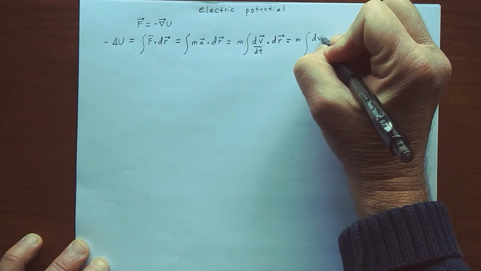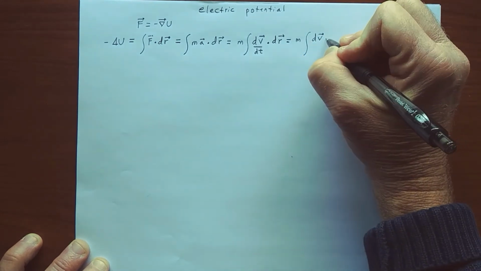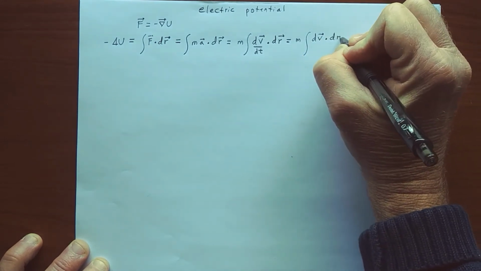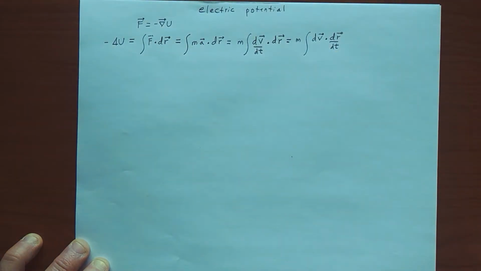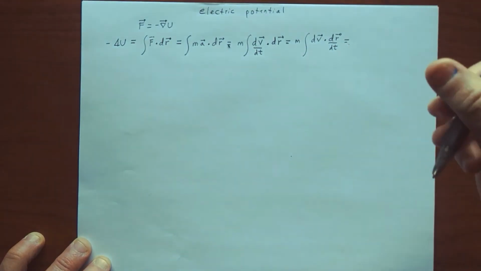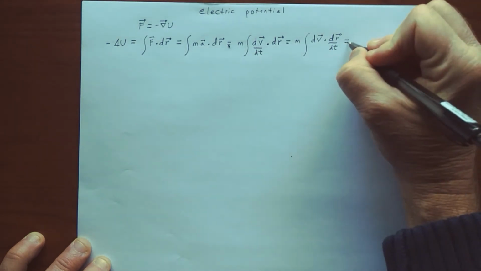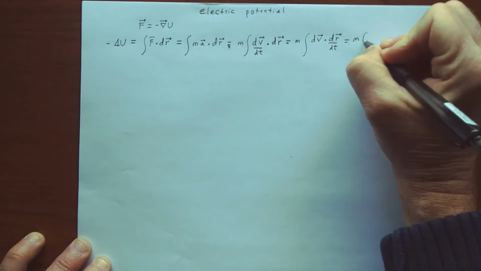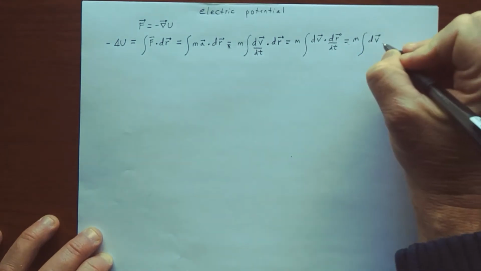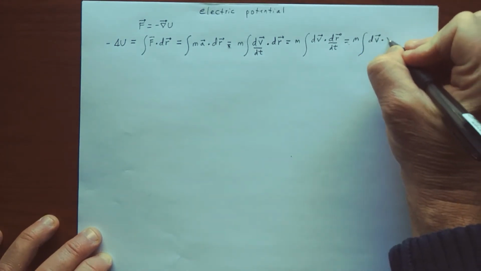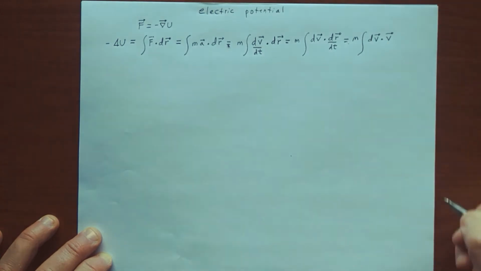I can think of this as dv dotted into dr and just move the dt over to the dr, but that of course is a velocity, so I have mass times the integral of dv dot v.